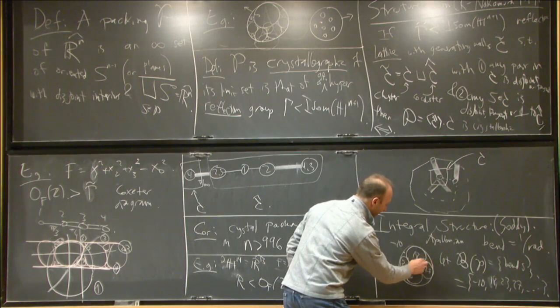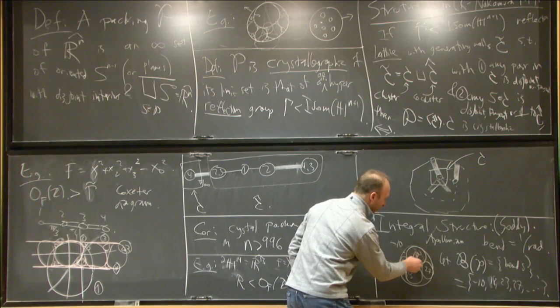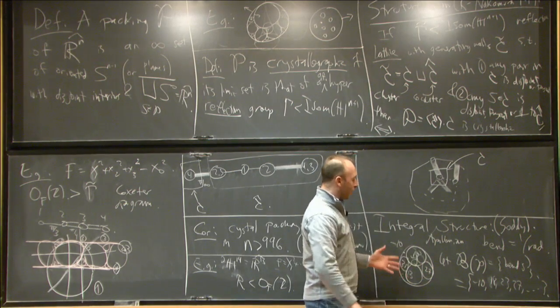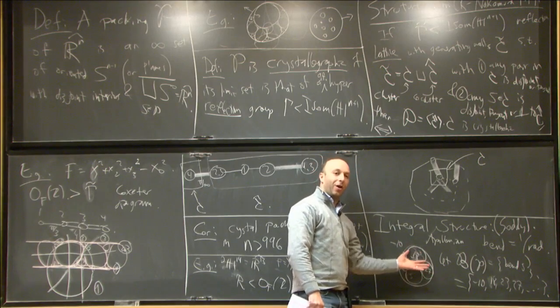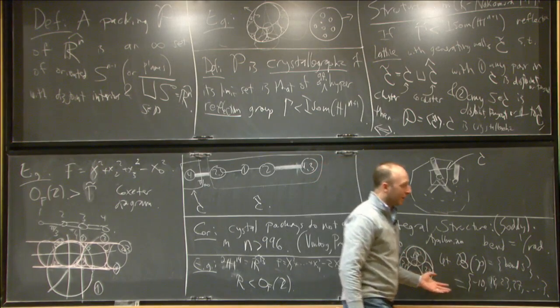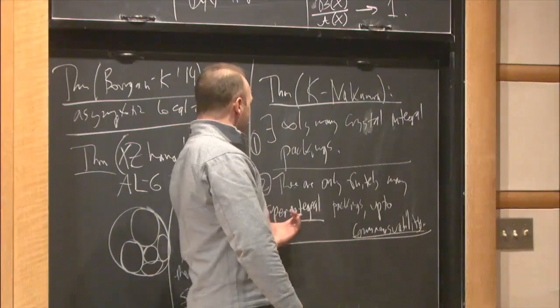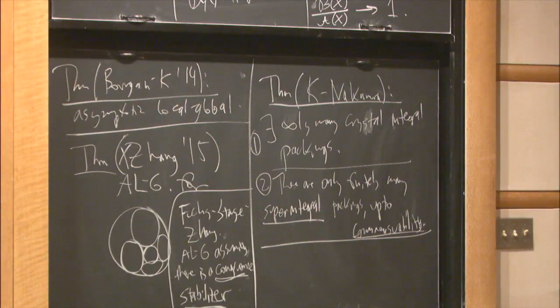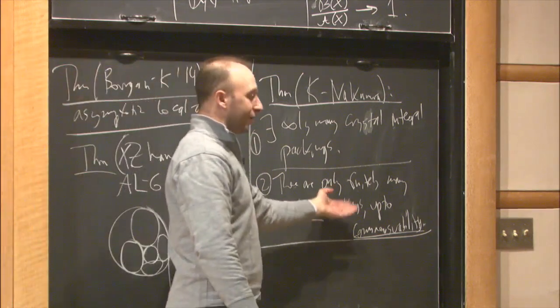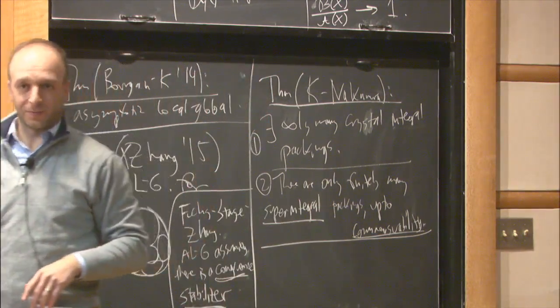So this sphere reflects into here and so on. So there's a big mess of circles. And it might turn out that all of those simultaneously have integer bend. That's what superintegral is. So superintegral is not only that the packing itself is integral, but the orbit of the cluster under not just the thin group, but the thick group, the lattice, all has integer curvatures, integer bends. Okay?